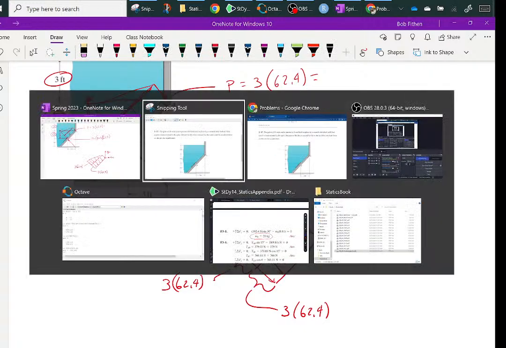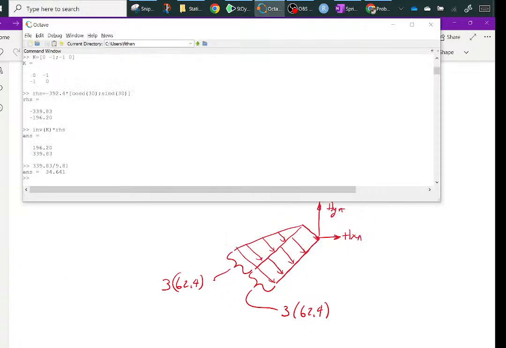Now I have Octave open, so let me clear the screen, clear everything. 3 times 62.4, 187.2.